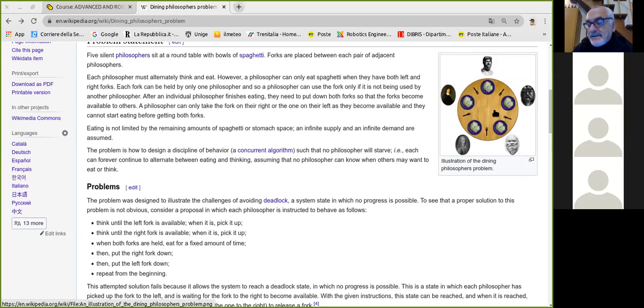so that the side philosopher can pick up the fork. So resources from a computer science point of view are not spaghetti, because they are unlimited; they are forks. Forks are resources. If some philosopher picks up 2 forks, like in this case, the right lower corner philosopher picks up 2 forks, the side philosopher cannot pick up the fork, so it waits until the fork is again on the table.